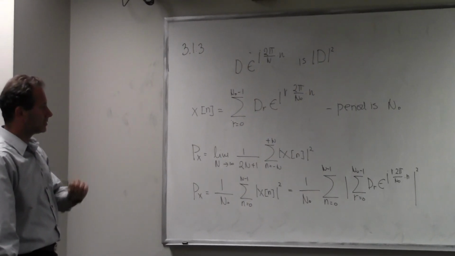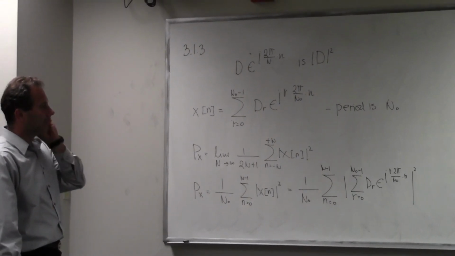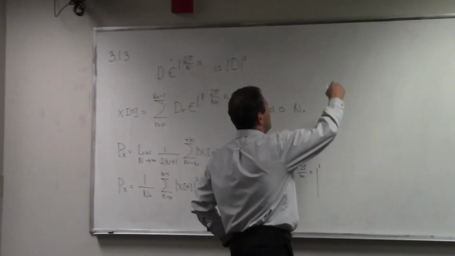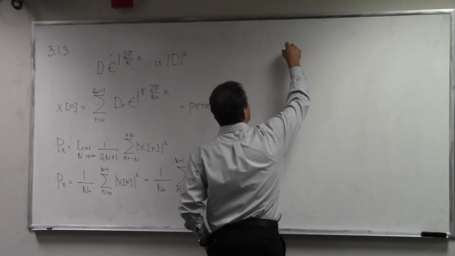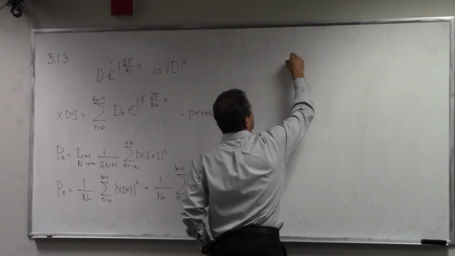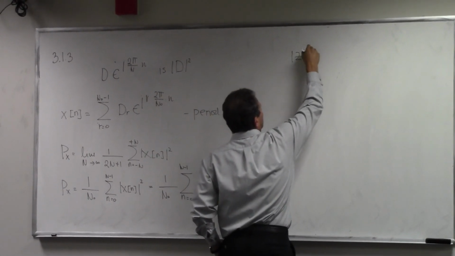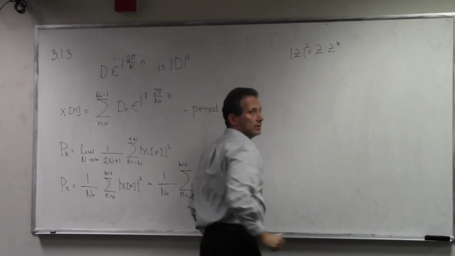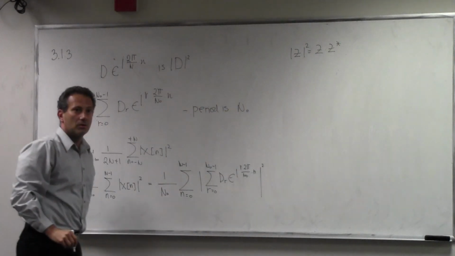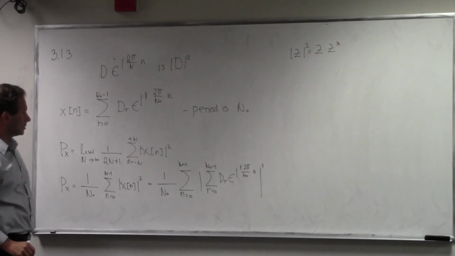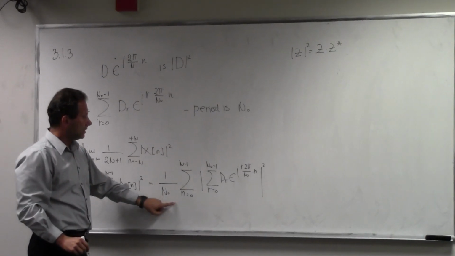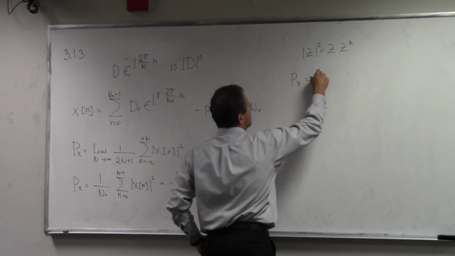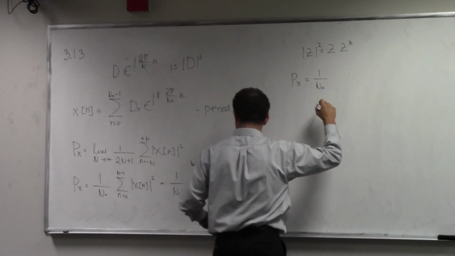Now, that's where you have to have a little bit of skill in doing this math. What we covered some time ago is that the magnitude of z squared can be written as z times z complex conjugate. This is a very common expression that we use. So let's use that in here. The power of this signal becomes 1 over N0.